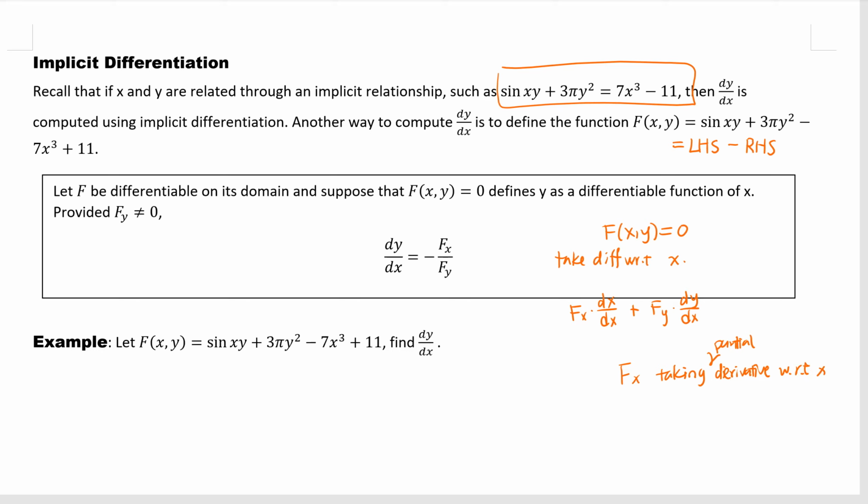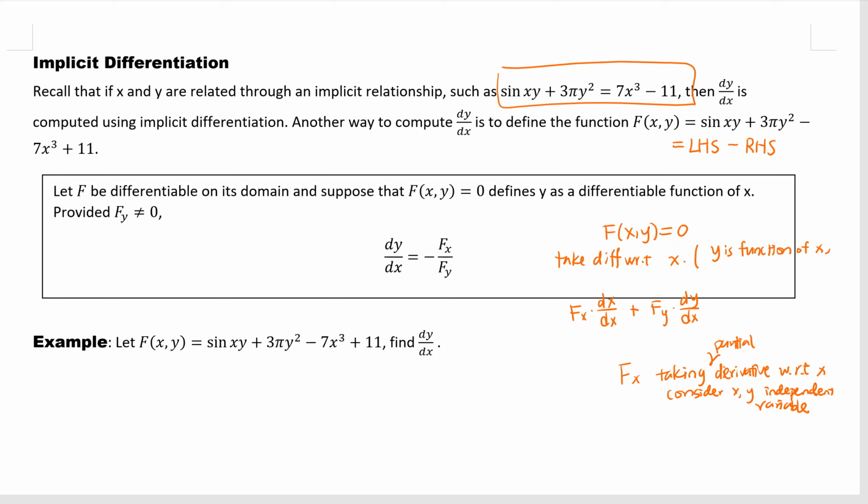In the partial derivative, we consider x and y both independent variables. But here, when I say take the derivative with respect to x, I mean y is a differentiable function, so we consider y a function of x.